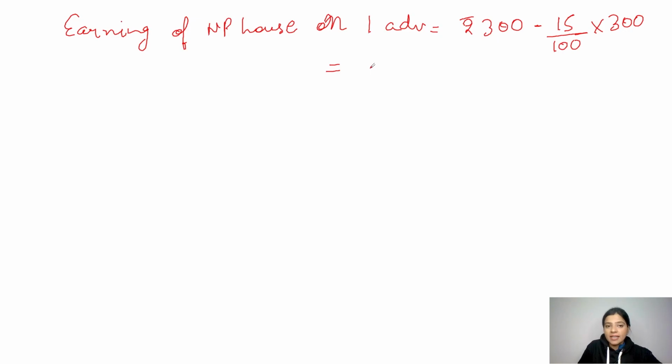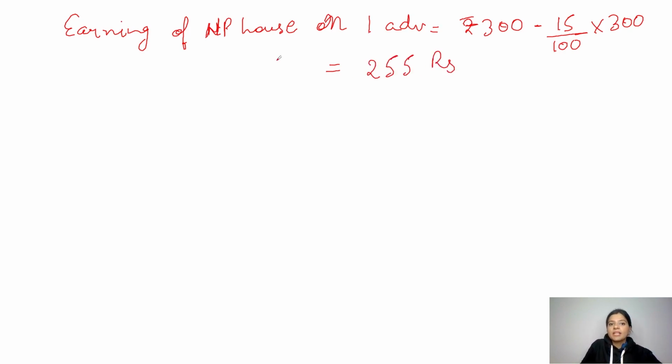I hope you are understanding. You have to know the earnings of the newspaper house on one advertisement. It is charging 300 for the printing of the advertisement, but it also has to pay 15% to the advertising agency. So it is basically earning 85% of 300 only. When you solve this, it comes out to be 255 rupees.